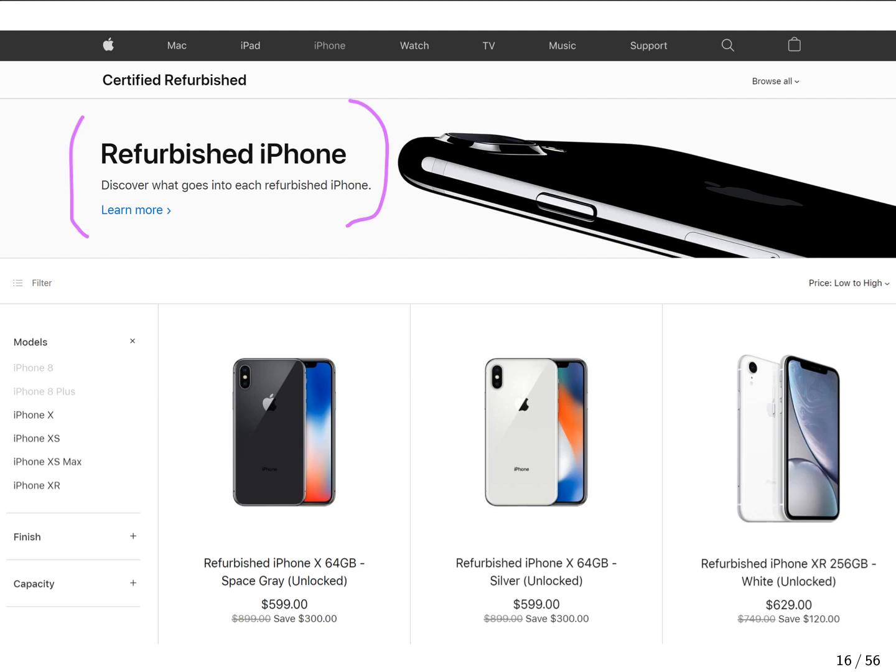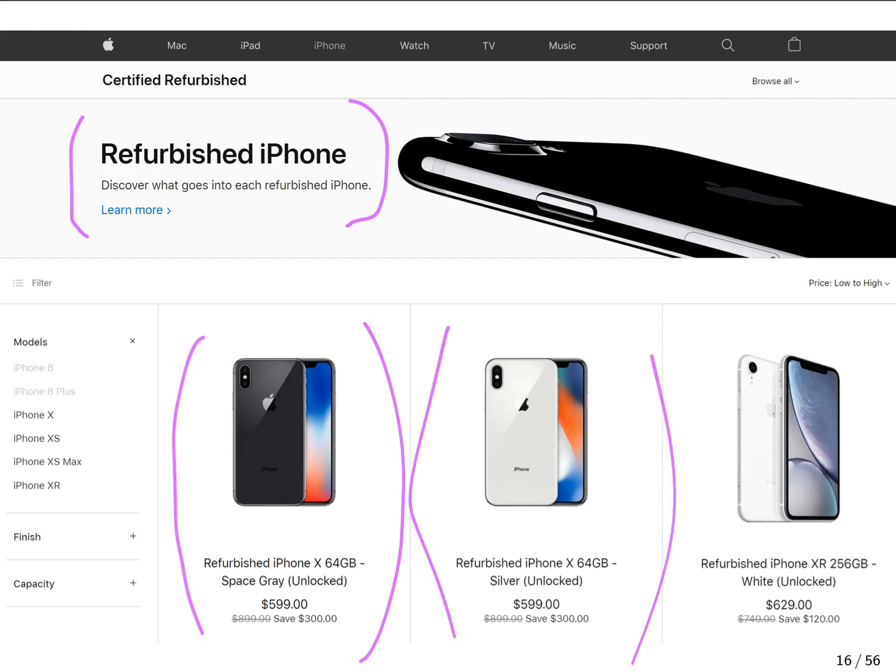It's like their own certified quality program, right? So after they check that, people could buy a used phone, but with a bit more confidence about its quality, because at the end of the day, Apple, who manufactured the phone, has inspected the phone, right? So that's another way businesses in the market try to deal with the information problem.